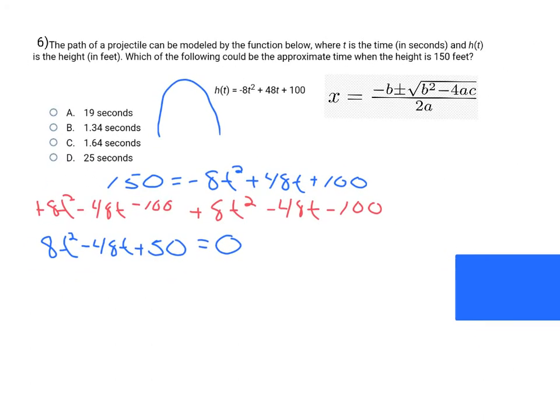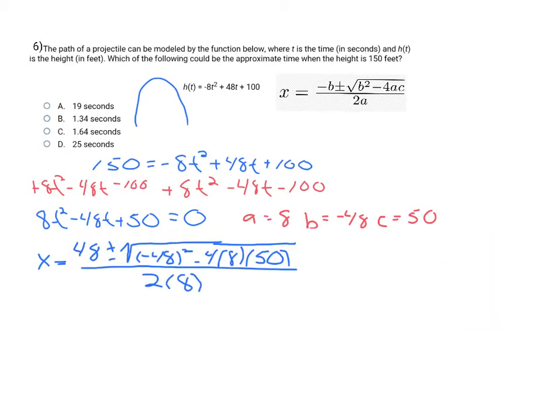And so here, my a number is 8, my b number is negative 48, and my c number is 50. So I'm going to use those three numbers to substitute into the quadratic formula. When I do that, it's going to look like this after I substitute into the formula.